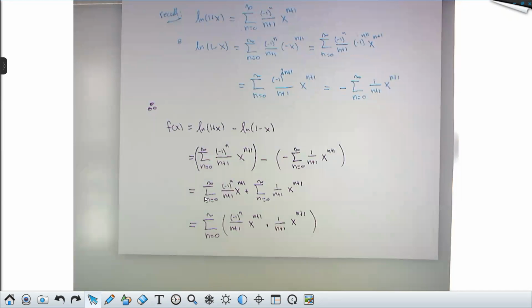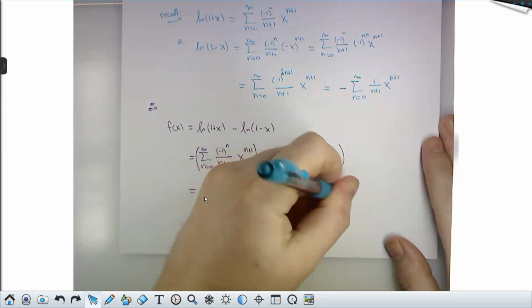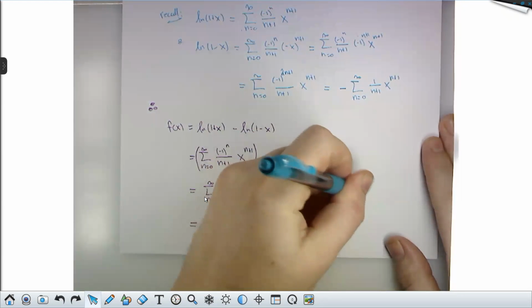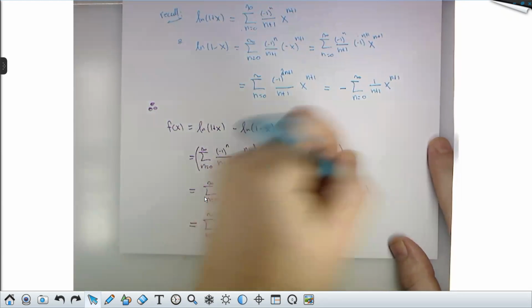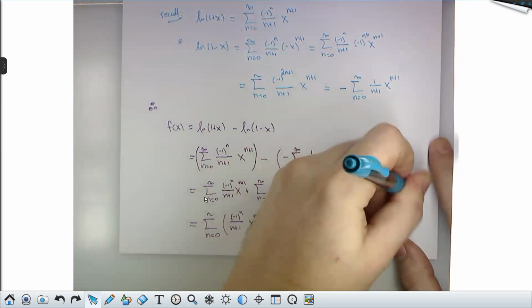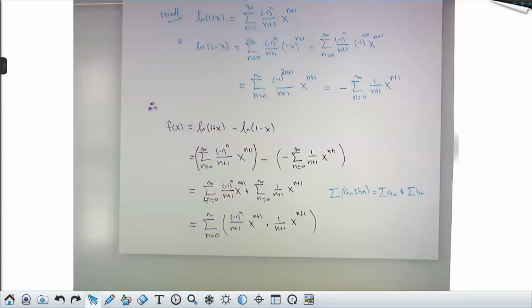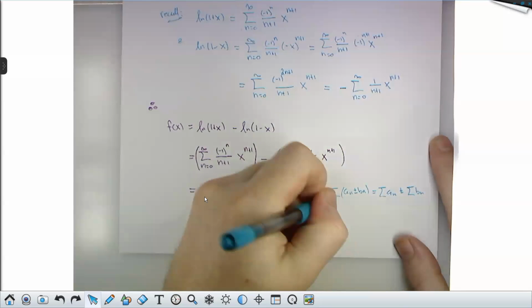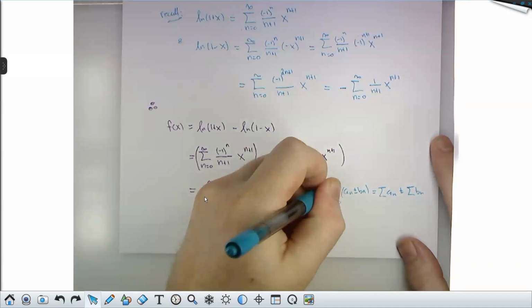Here I'm using the fact that sigma an plus or minus bn is the same as sigma an plus or minus sigma bn, as long as they're being summed over the same range.